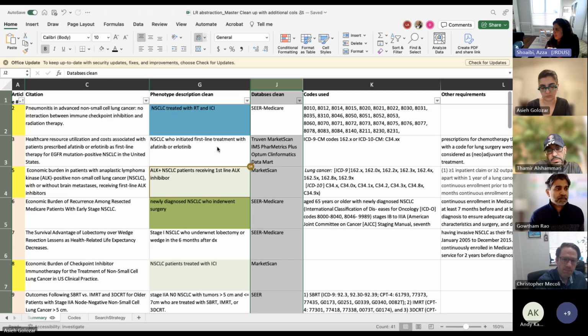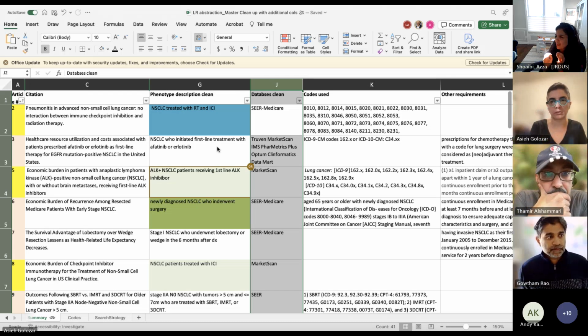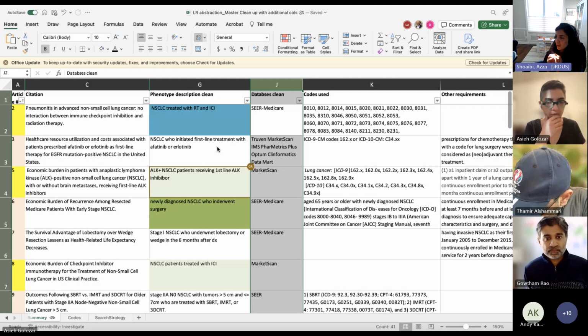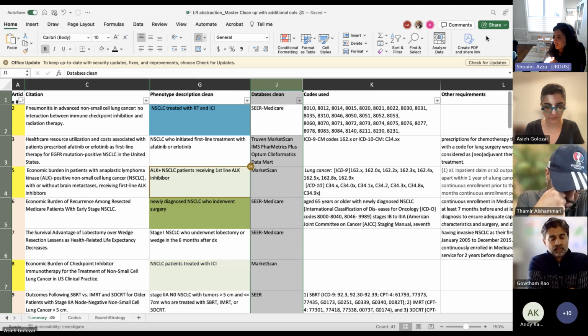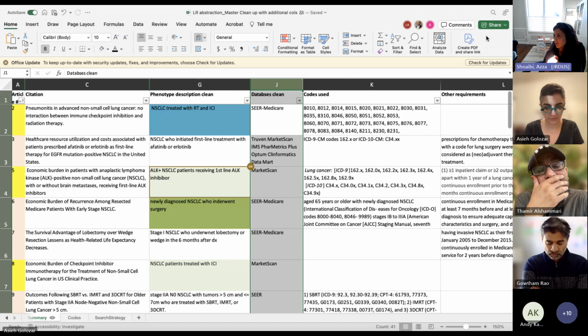So I'll just pause for the question, for anybody who also has thoughts. The problem statement we have is, it seems like non-small cell lung cancer, if we focus on that one because it's the majority, existing studies have subtypes, usually based on the treatment that they're modeling for the purpose of the study, which leaves us absent a common idea as a phenotype that we can assess consistency across literature.